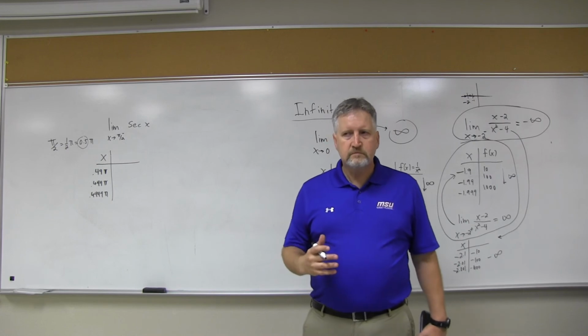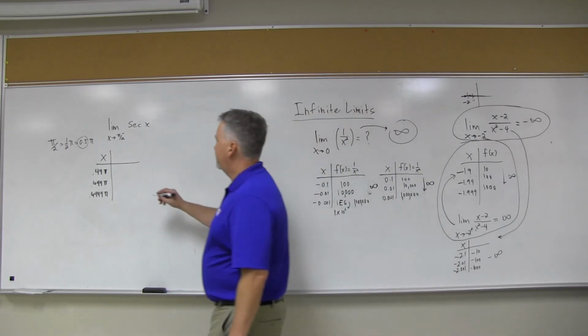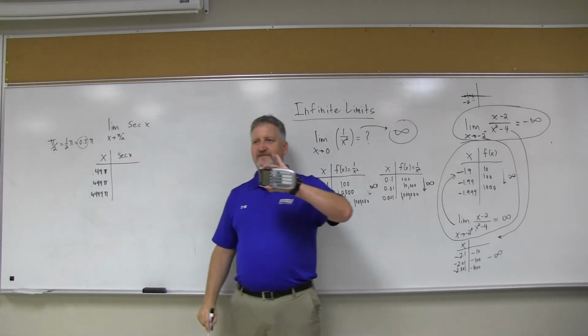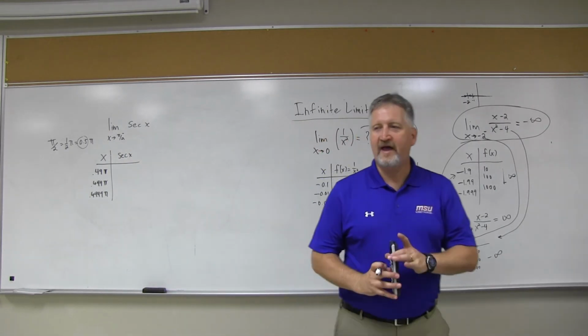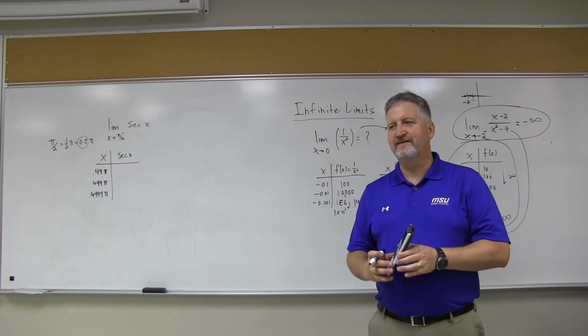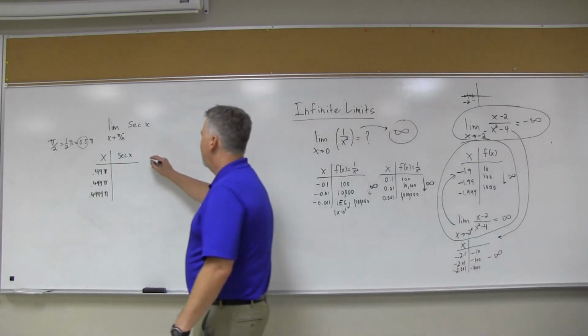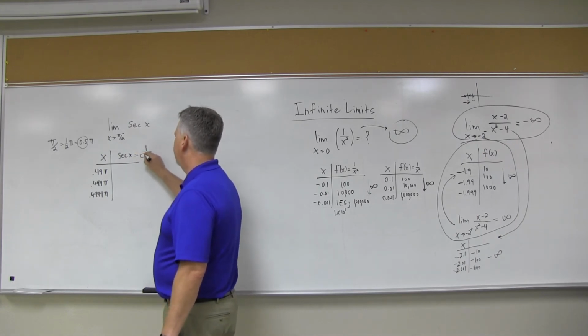And if I was doing it from the right, 0.51, 0.501. With me there? Okay. The other thing is, what's my function? Well, it's secant of x. Most graphing calculators do not have secant and cosecant. So what I have to use is the reciprocal of secant, which is 1 over the cosine of x.